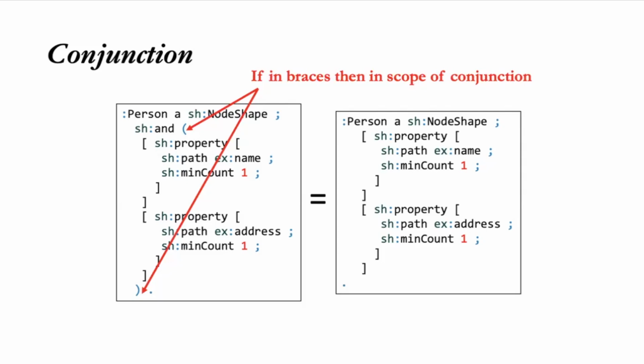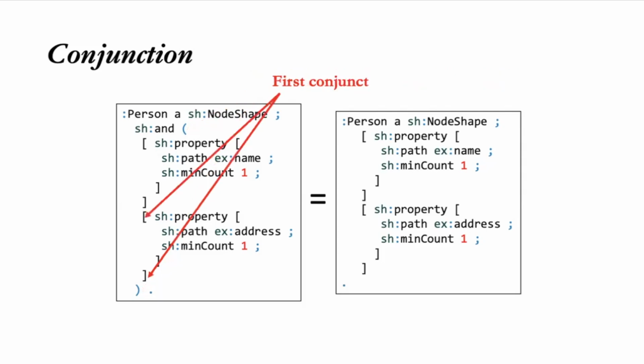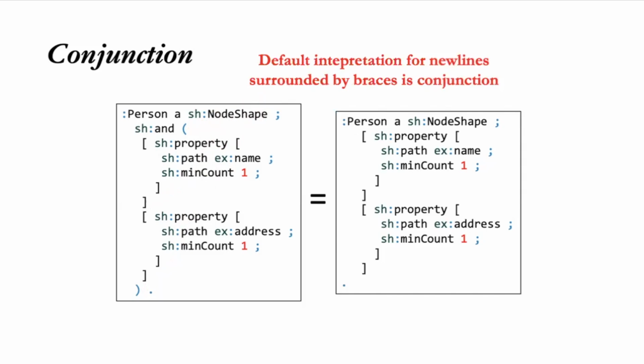These two sets of brackets on the top, and four sets on the bottom, those are the conjuncts. First conjunct, second conjunct. So this and that. If you look over here, there's no conjunction, but the default interpretation for new lines surrounded by braces is just conjunction. So you read these line by line, and the default interpretation is that it's this and that. So this is why they're equal.